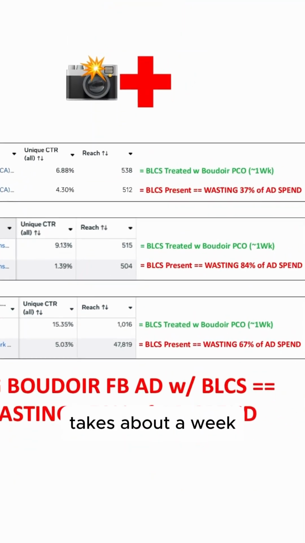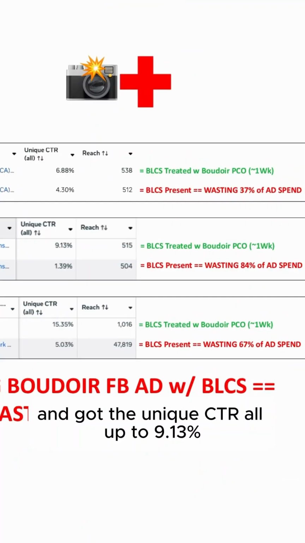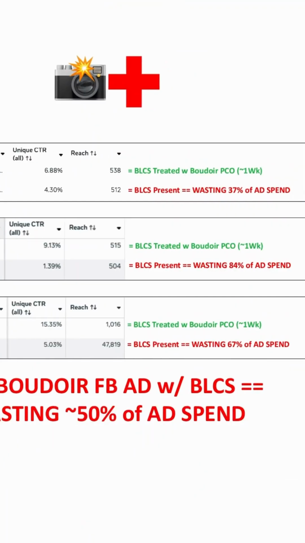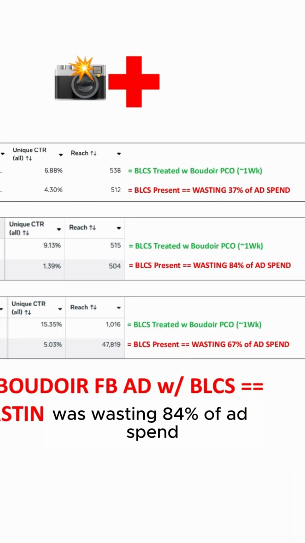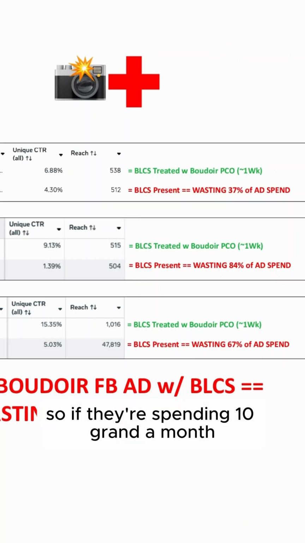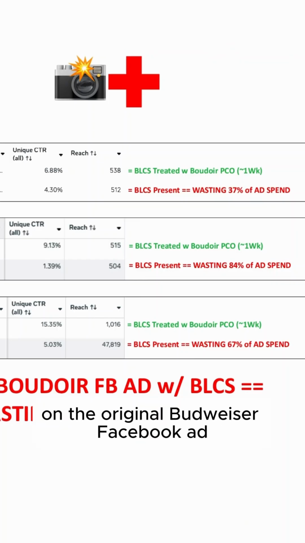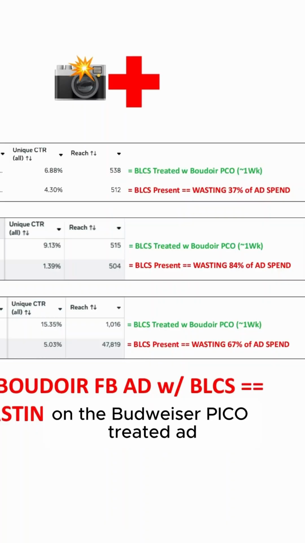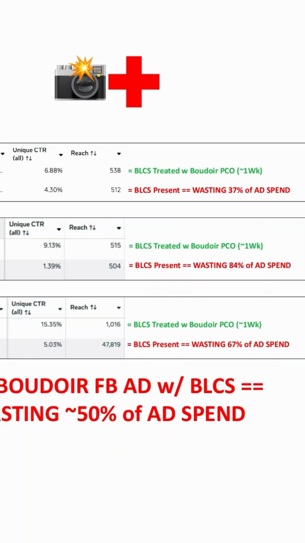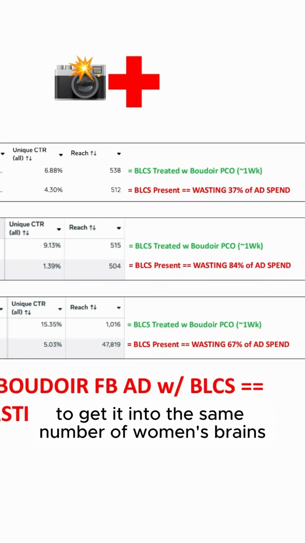Takes about a week, and we got the unique CTR all up to 9.13%. So we found out the original Boudoir Facebook ad was wasting 84% of ad spend. So if they're spending 10 grand a month on the original Boudoir Facebook ad, now they only need to spend 1.6 grand a month on the Boudoir Pico treated ad to get it into the same number of women's brains.